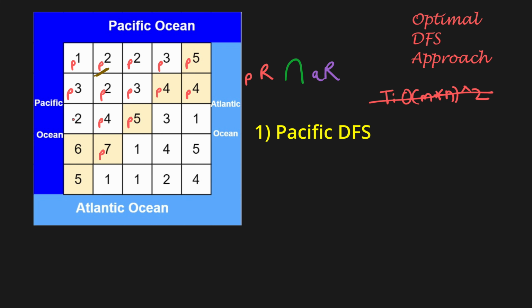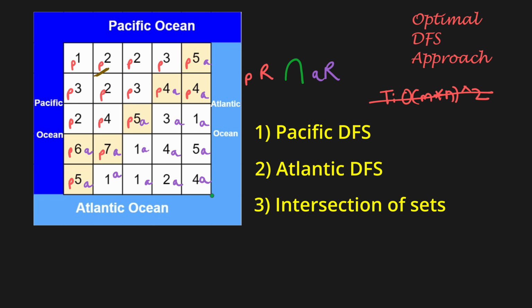After completing the Pacific DFS, we do Atlantic exploration using the same logic, starting DFS from the bottom and right borders. And finally, after completing both the DFS traversals, we find the intersection between the sets, Pacific reachable and Atlantic reachable.